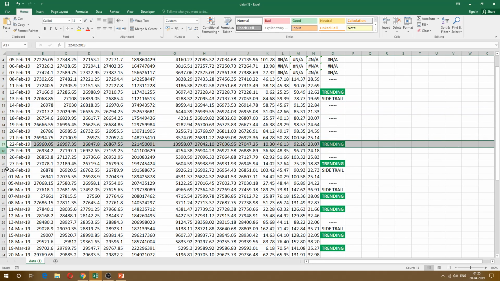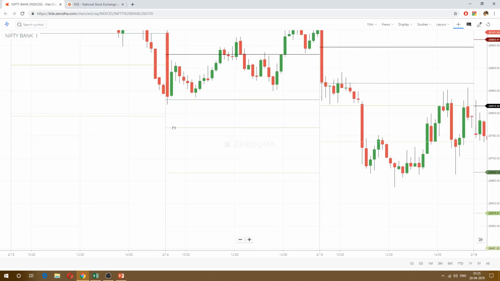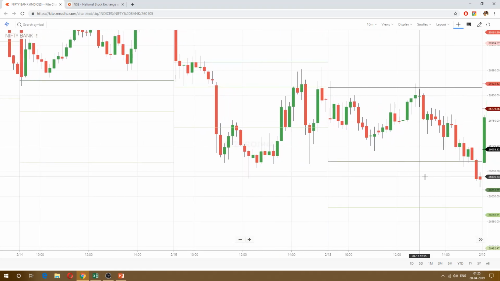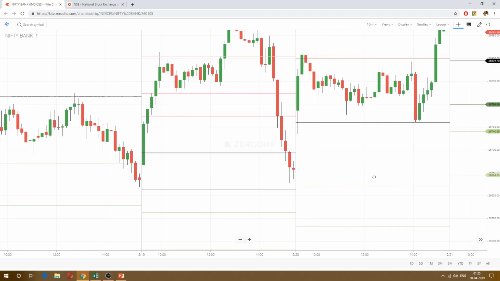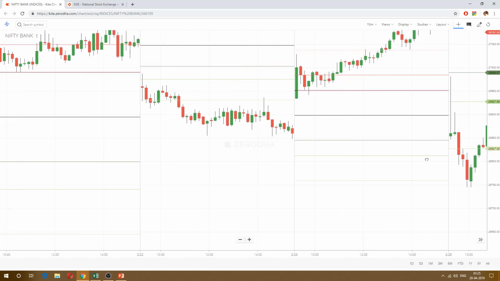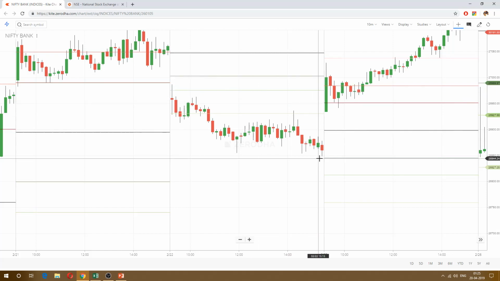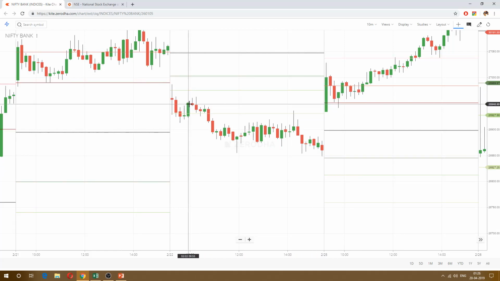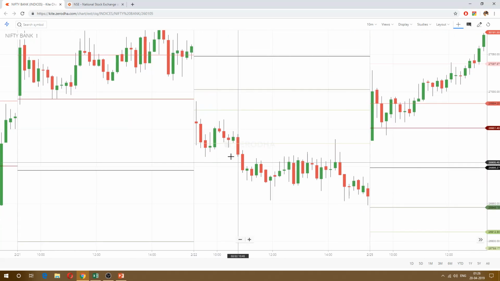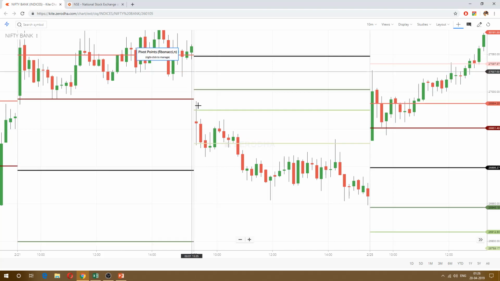Then we have 22nd February. Okay, so this is also trending down. See, it was not really a big movement, because the price already opened with a gap down.